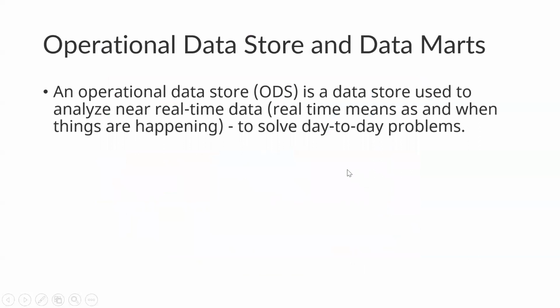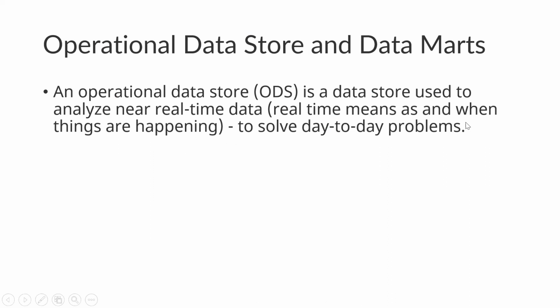For critical applications, what is the source data? They need the same kind of data at the target quickly. So it's kind of real-time data. As I mentioned a few times ago, in the non-business hours we are loading the data from source to target. This is not for non-critical businesses. Okay, there we are not using ODS. But an operational data store is a data store used to analyze near real-time data.